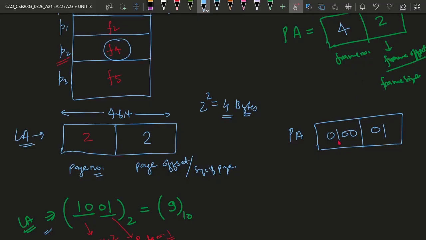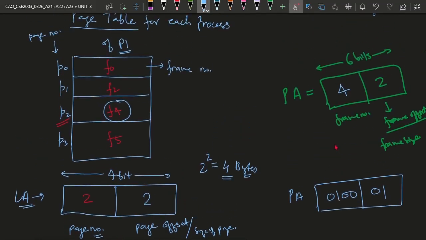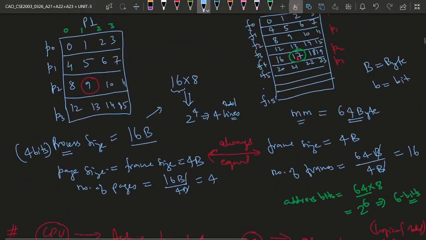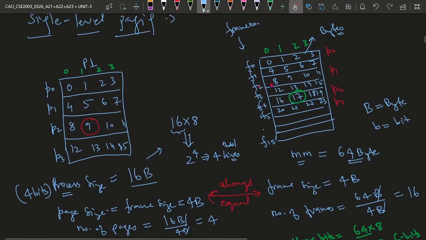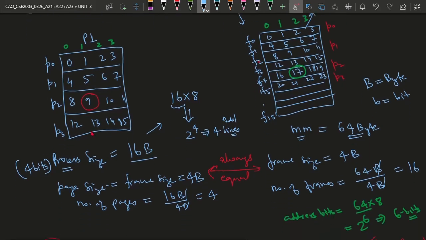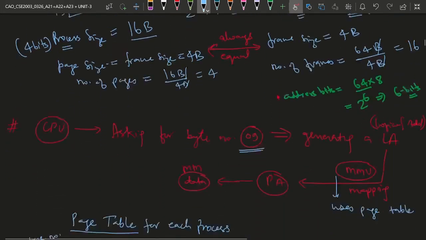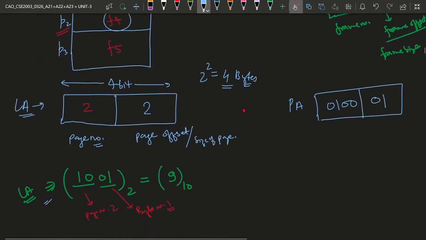Now with respect to this frame number, we will move to that frame, and at that frame we will go to index value 1. If we combine it, 0 1 0 0 0 1 is the binary of the physical address.